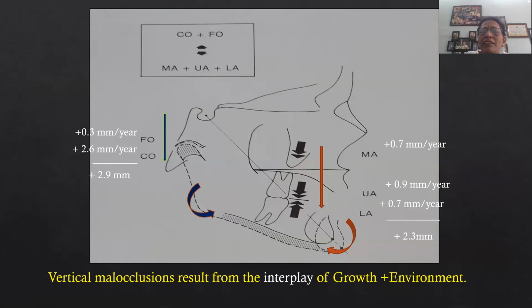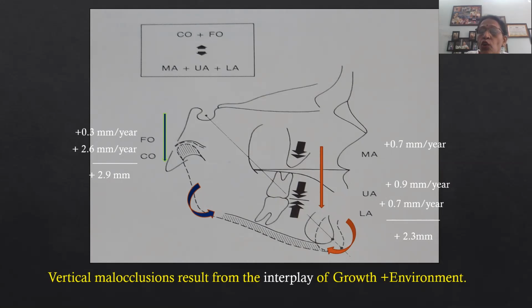Whenever this balance gets disturbed and the vertical growth exceeds the condyle-fossa growth, a clockwise rotation of the mandible takes place, leading to hyperdivergent faces or long faces. When the condyle-fossa growth exceeds this vertical growth, then there is an anticlockwise rotation leading to a short lower face.